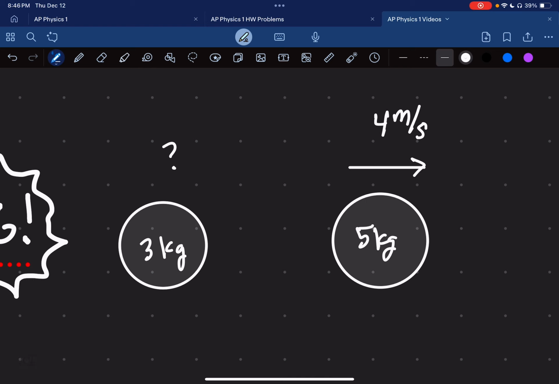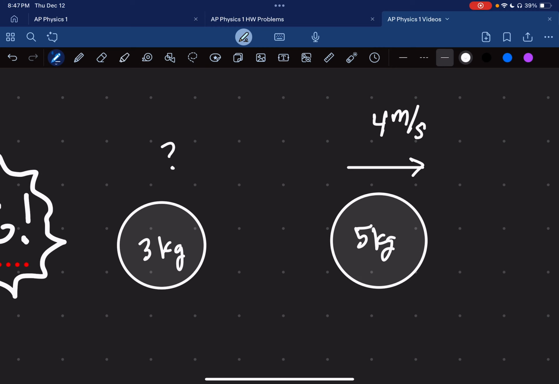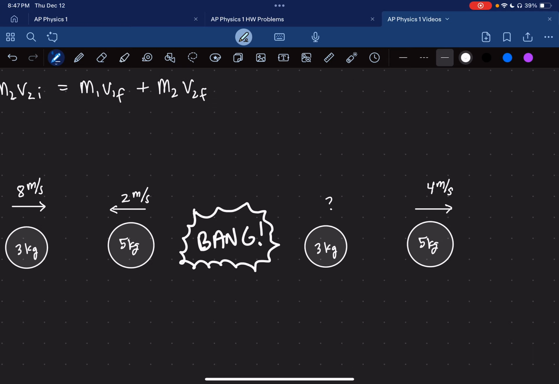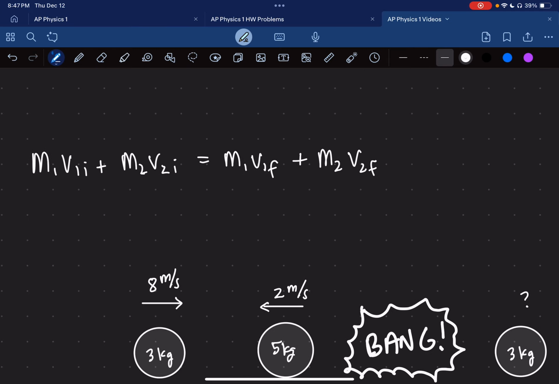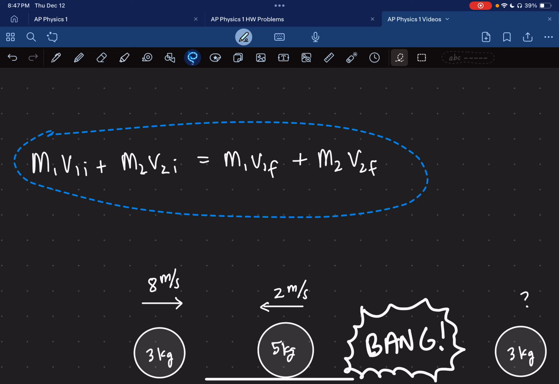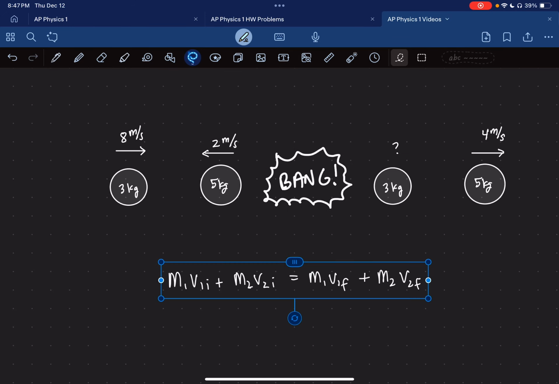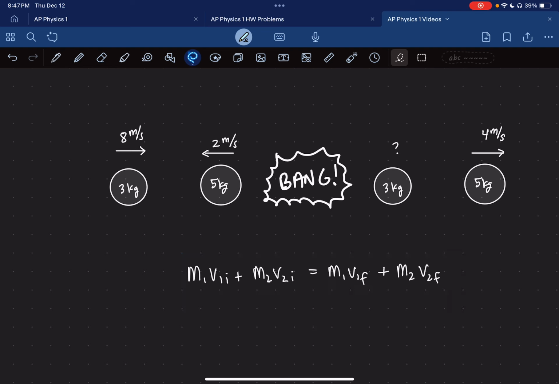After they collide, the 5 kilogram object is now moving to the right at 4 meters per second. We want to know what is the velocity of the 3 kilogram ball. I have the equation over here, which I'm going to cut and paste over here. So let's look at it this way.